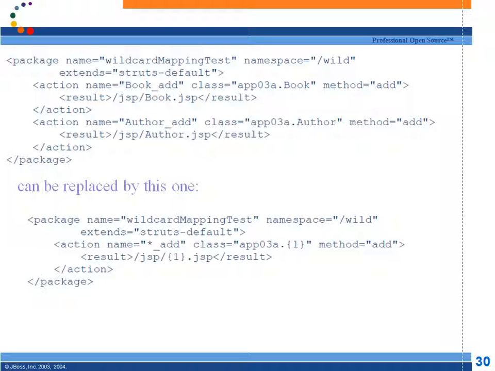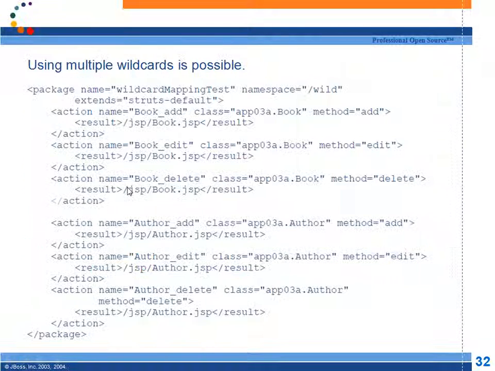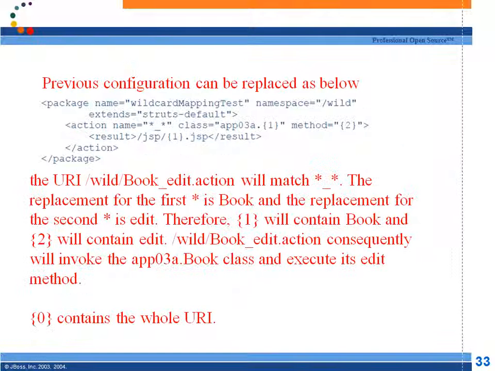If you give book underscore add, the class name will be abp03a dot book dot add. If you give author underscore add, whatever you give in place of star will be replaced here and that method will be executed. So instead of writing two actions, you can write a single action. Just check. Yep, see here.